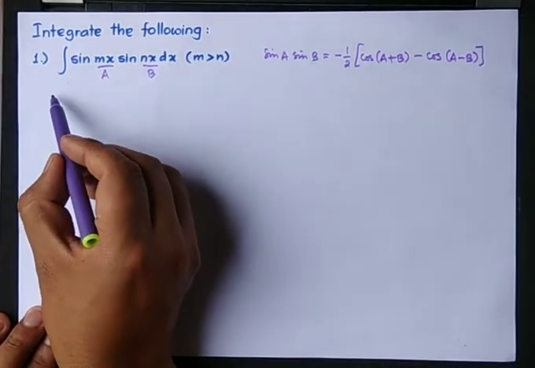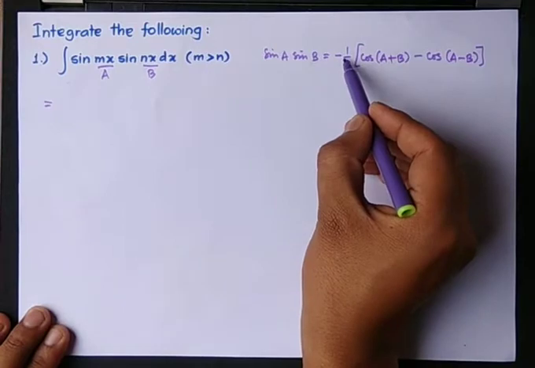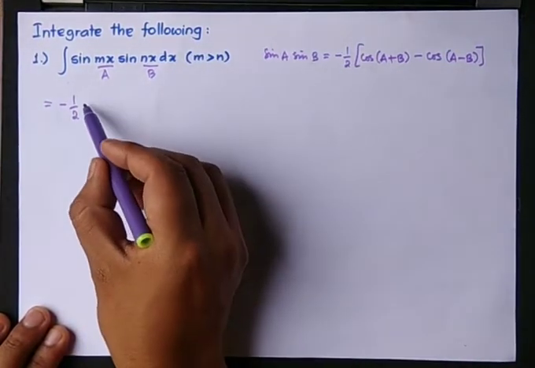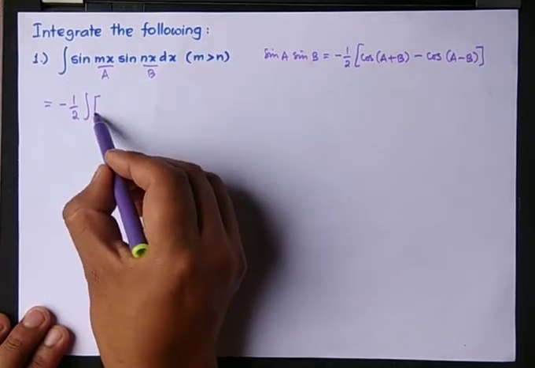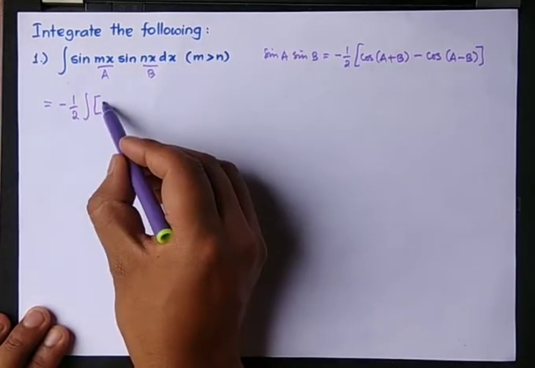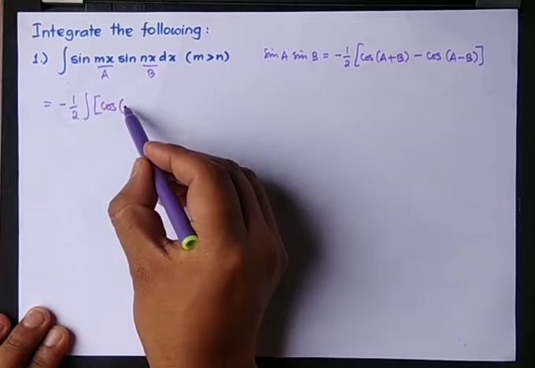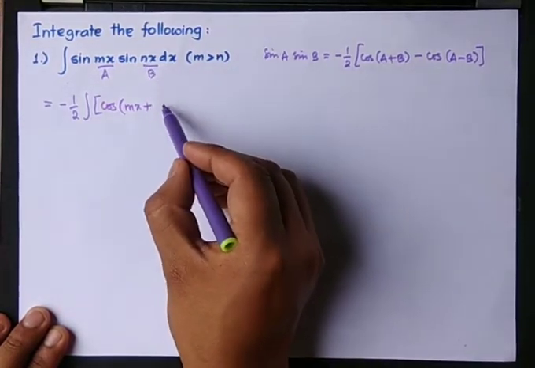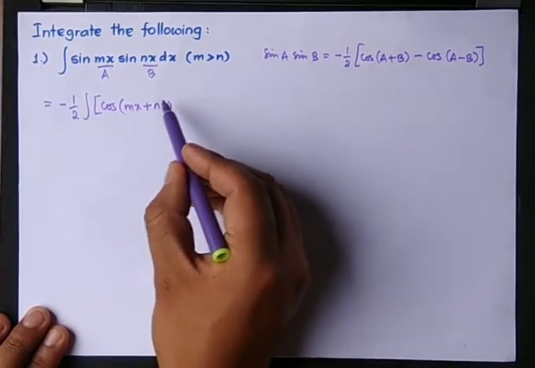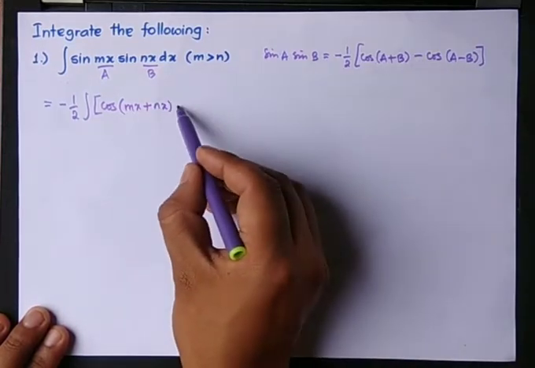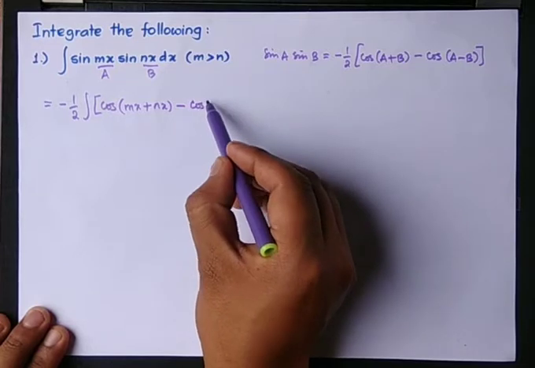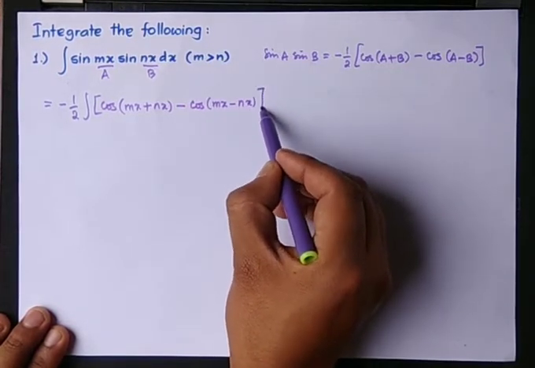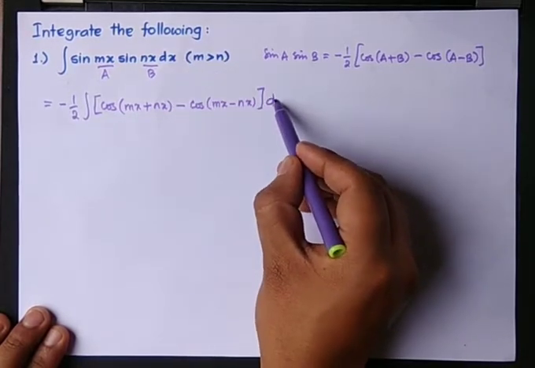So we have, this can be written as, minus half is there, so minus half can be kept outside the integral sign. So we have cos A plus B. So cos A is mx plus B is nx, right? So cos A plus B is written, so we have got minus cos A minus B. Okay, so we have got dx, so we'll write dx here.